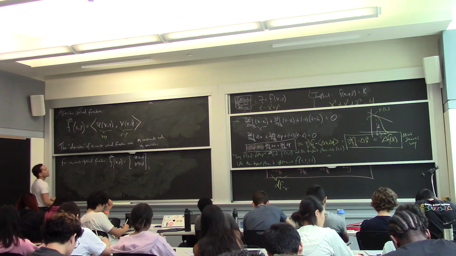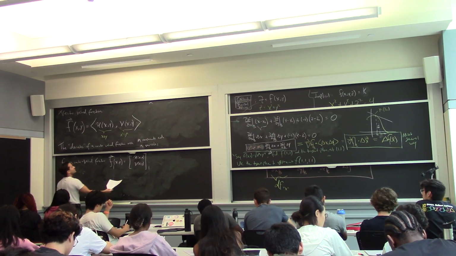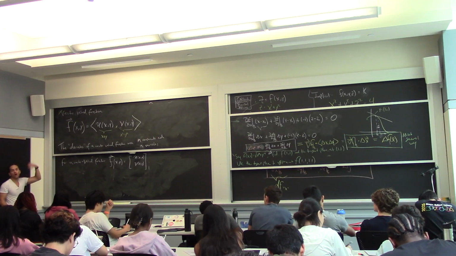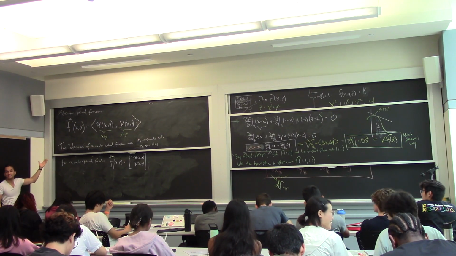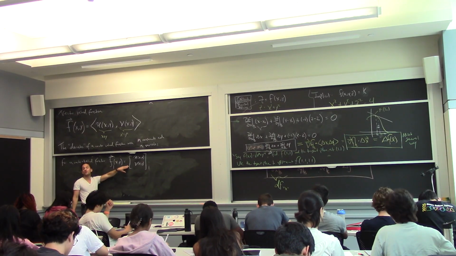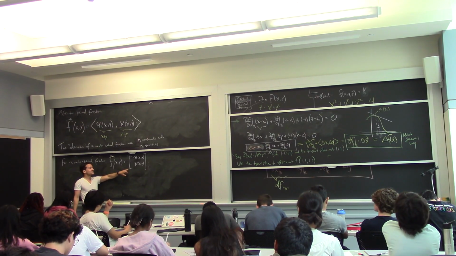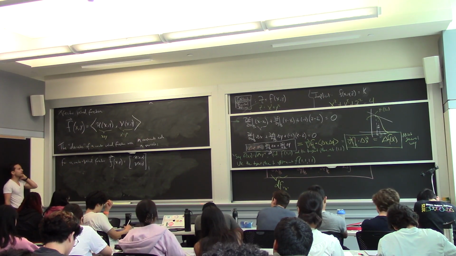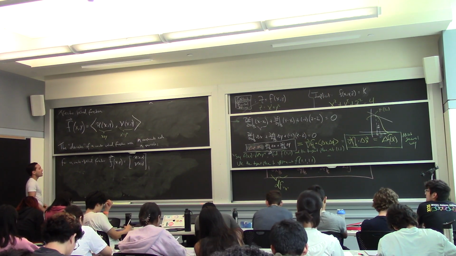Notationally, writing it as a column vector versus writing it with the angle brackets are the same thing. This is a notation you will be more likely to see in 18.06, as it turns out, and this one in 18.02. But they work together very well.